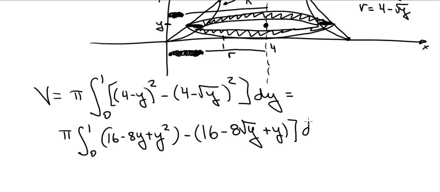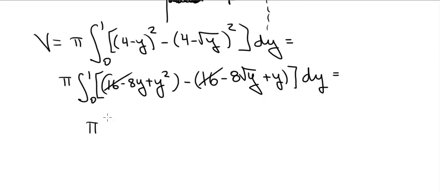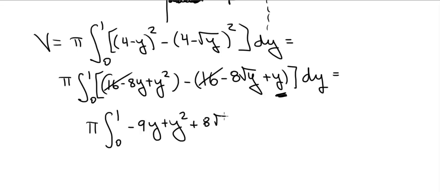And we're going to, of course, integrate this with respect to y. 16s cancel, and we have minus 8y minus a y right over here. That's minus 9y plus y squared, that doesn't cancel with anything, and then minus a minus 8 square root of y, that's plus 8 times the square root of y. And let's go ahead and integrate this.